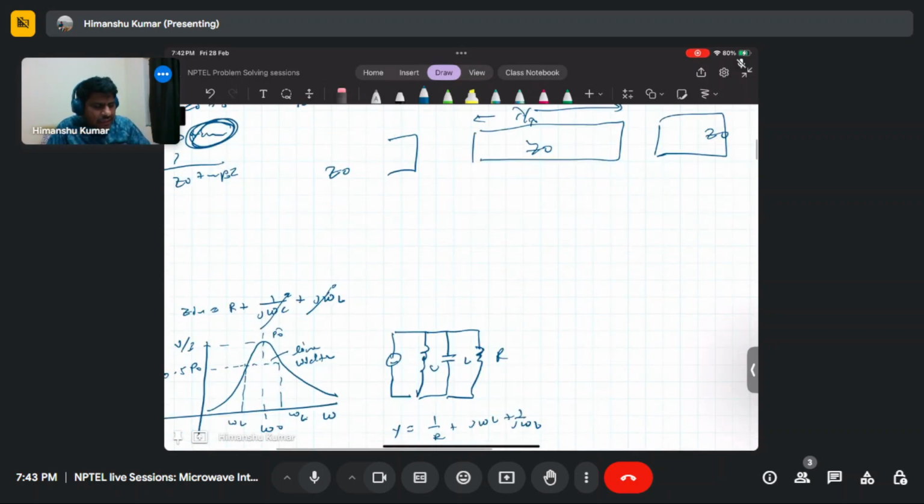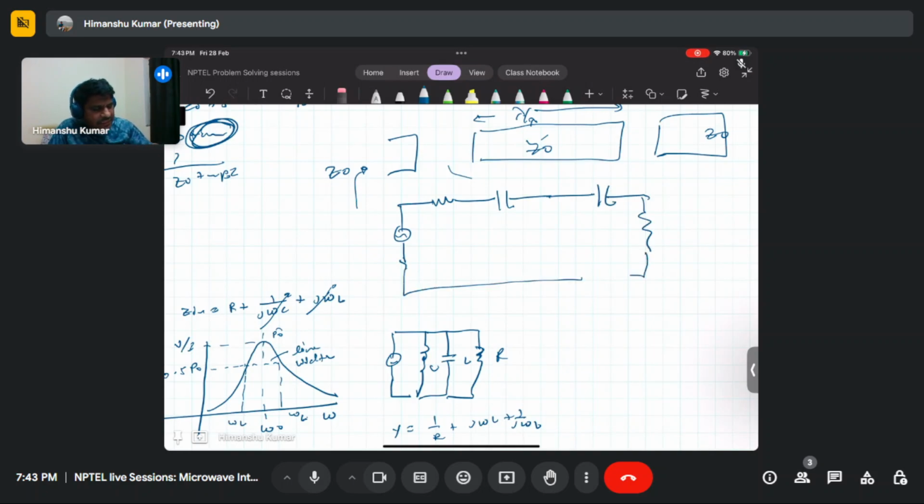You can model this line as follows: if you are feeding from this direction, you can write the model as some loss corresponding to that Z naught, plus the air gap, and this is a lossless line, so there will be no resistance, and there is a load, so you can write it as Z naught. So with this Z naught and Z naught, you see this is a capacitor, this is a capacitor.